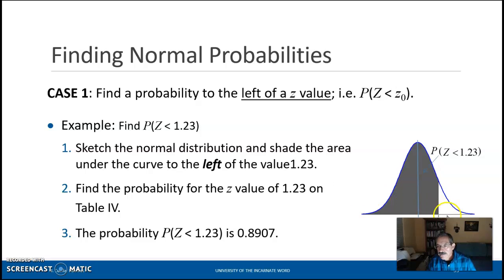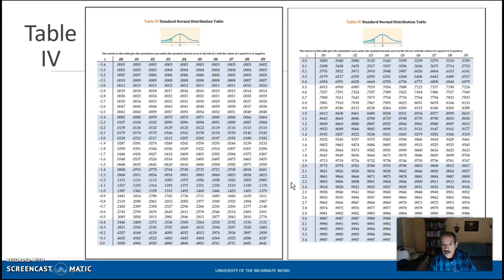All right, once you have that value, then you go into table 4 and find the corresponding probability. If you look at your table 4, you look for the first part of the number, which is 1.2. And then at the top, you look for 0.03, which is right here. So the probability to the left of 1.23 is 0.8907.